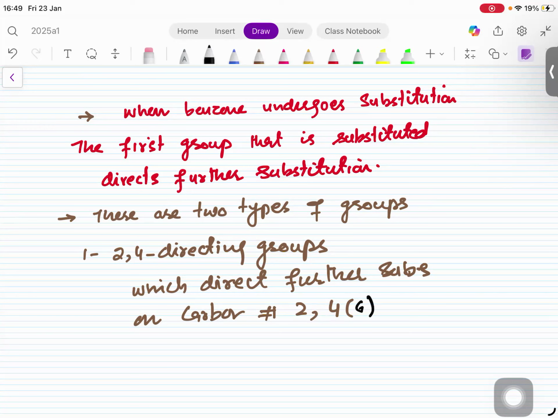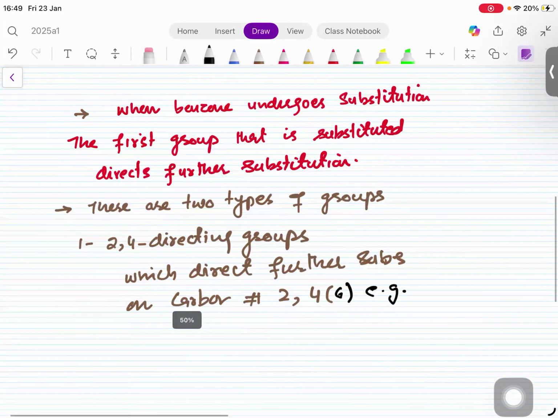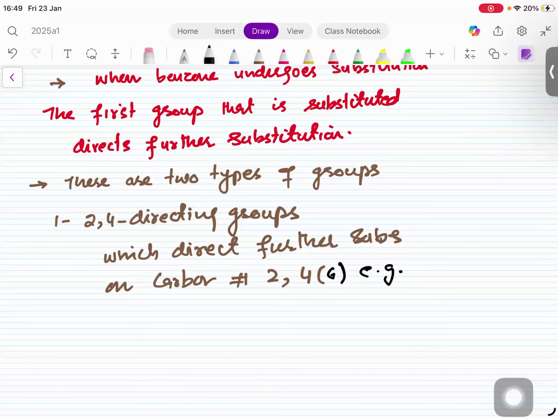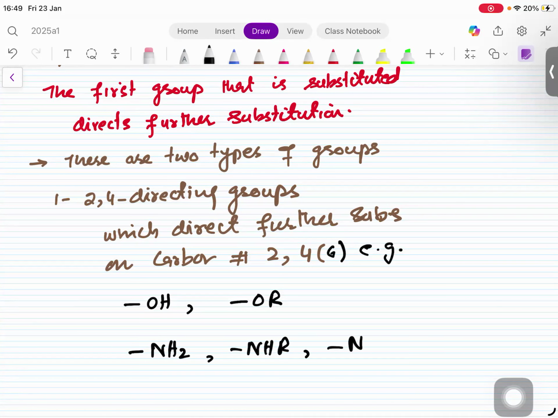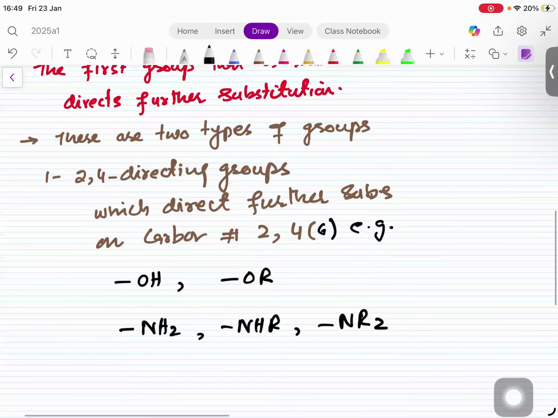I'm just writing in bracket 6, so that means, for example, OH, OR, NH2, NHR, NR2, all the amines actually.